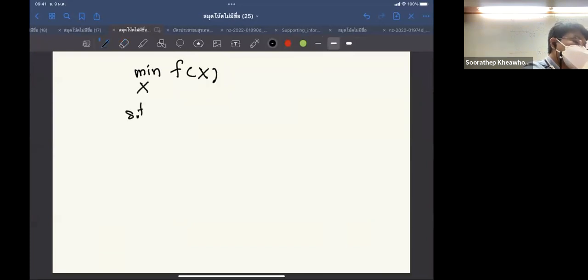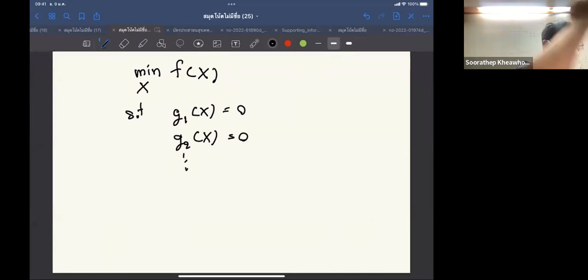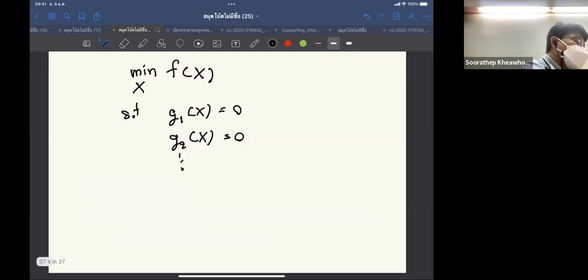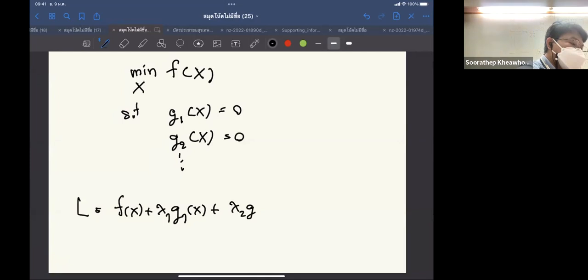And we have g1(x) equals 0, g2(x) equals 0, and so on. The Lagrange function in this case becomes f(x) plus lambda 1 times g1(x), plus lambda 2 g2(x), lambda 3 g3(x), and so on.